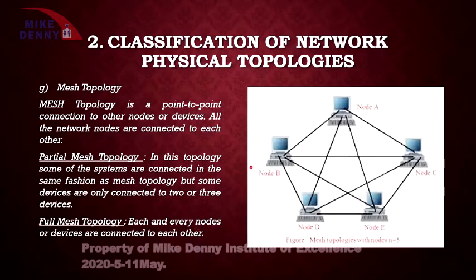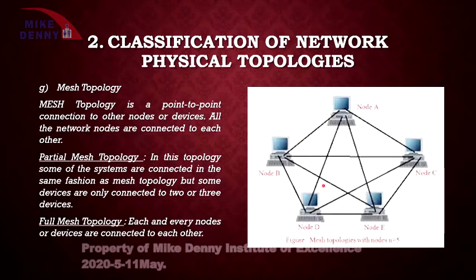You can see this image. This device is connected to this one, and it's also connected to this one. It's also connected to this one and connected to the last one. So node A is connected to node B, node A connected to node C, node A connected to node D, and node A connected to node E, and vice versa.